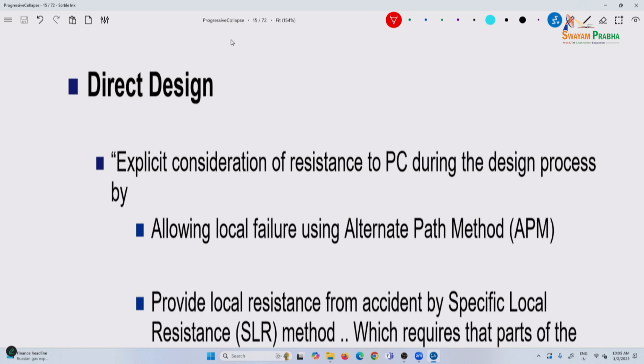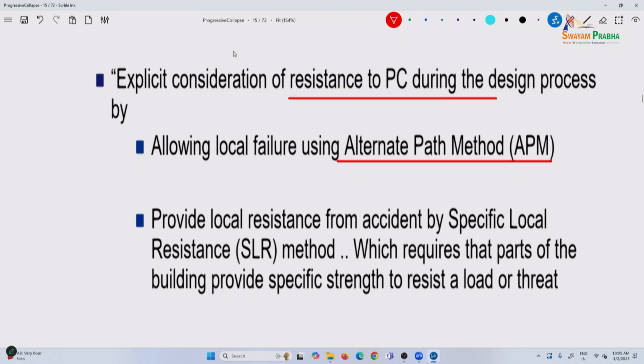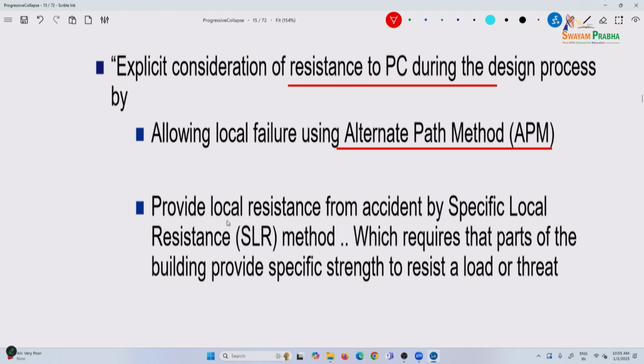Now, coming to direct design, the explicit consideration of resistance to progressive collapse by two different approaches, alternate path method, and then added local resistance by the specific local resistance method that requires parts of the building.